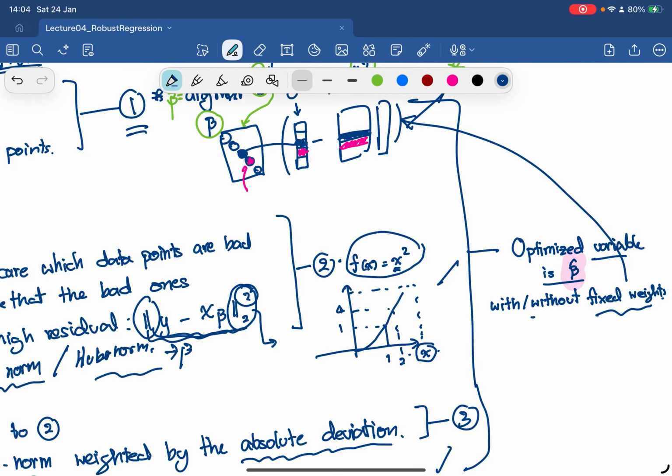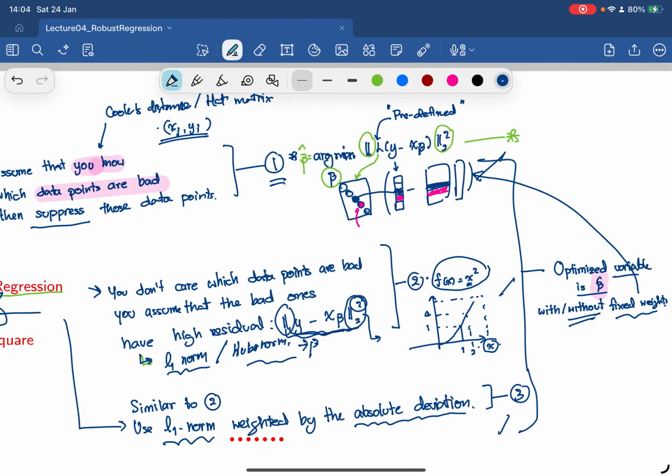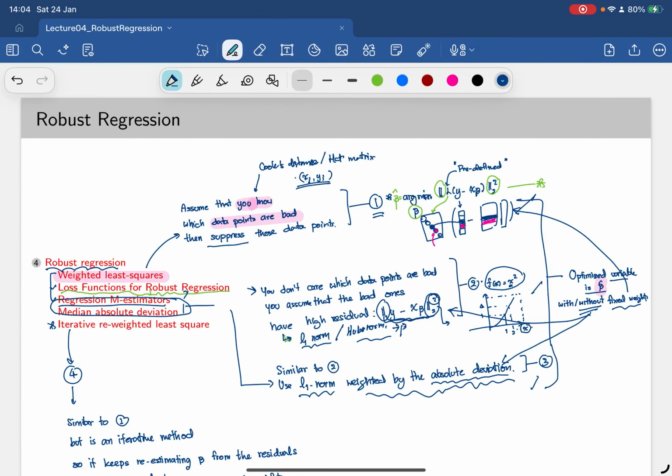But if weight is not known, then it becomes like the other two methods where you just provide the weight of the absolute deviation, or you just provide the new function that will suppress the impact of those high residual terms. Those high residual terms are also related to the outliers in your training.